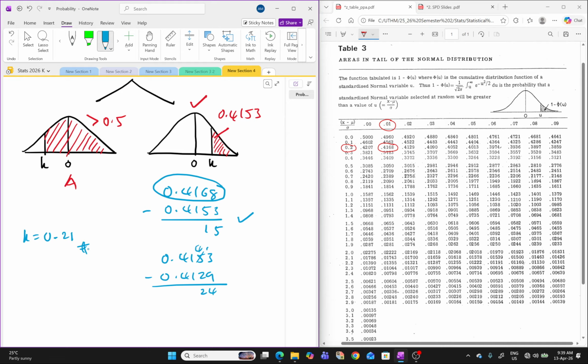Which one do you guys think? A or B? Good. So we go for A because this is greater than 0.5. So it is on the left hand side now. Okay, it's on the left hand side. Copy first.